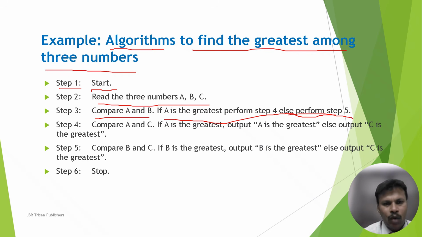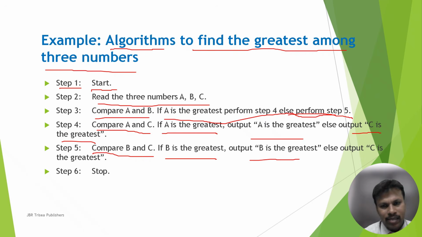In step 4 we compare A and C. If A is greatest, then we print the output A is the greatest, or otherwise we print C is greatest. And in step 5 we compare B and C, and if B is the greatest one, then the output is B is greatest, or otherwise C is the greatest. And at last we write stop.